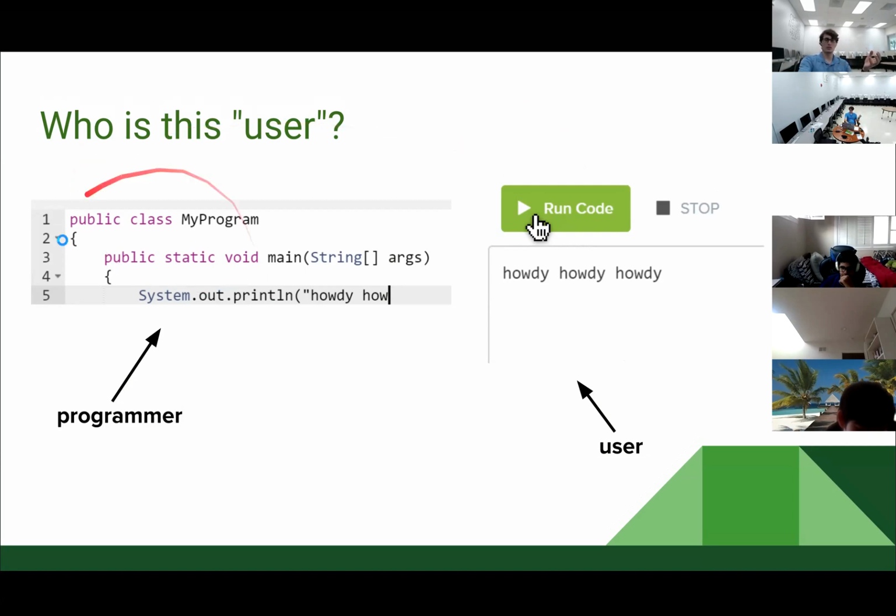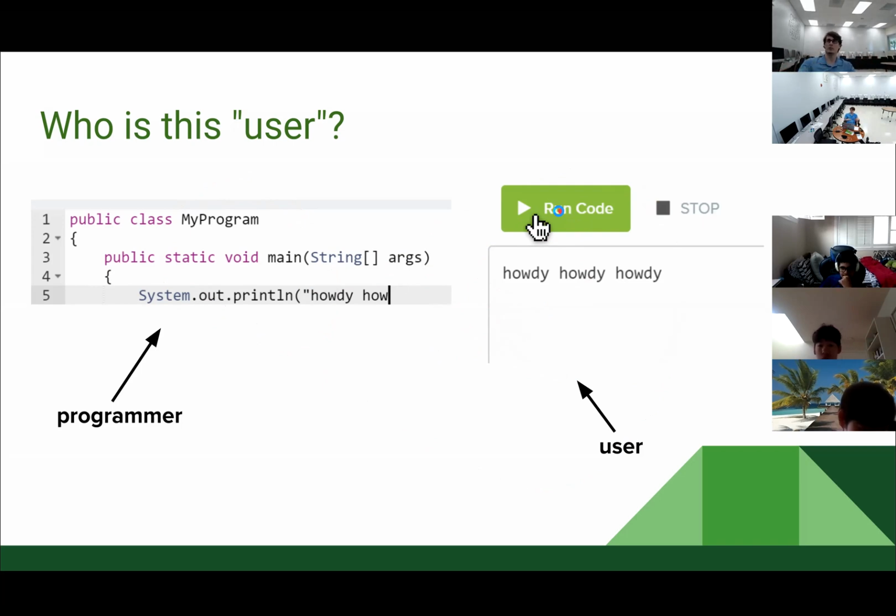So we, in this class, are going to be filling the role of both the programmer and the user. We're often going to be doing both of these jobs. However, it is possible that someone who is not us will be the person clicking that run code button. Often I will be running your code.